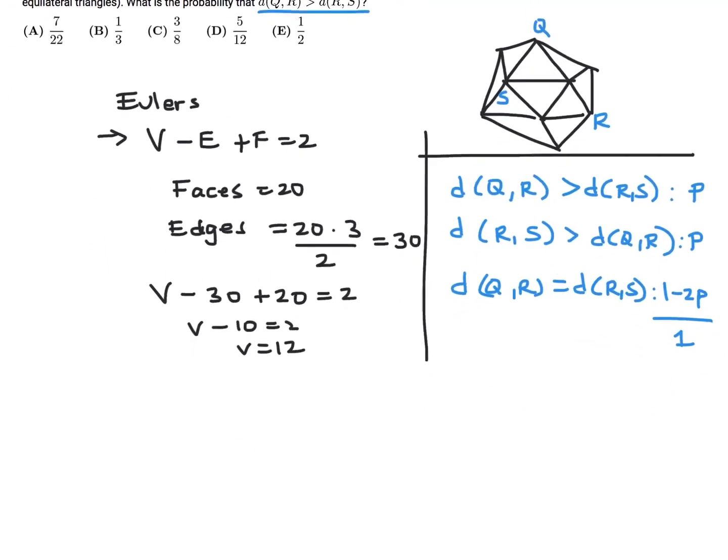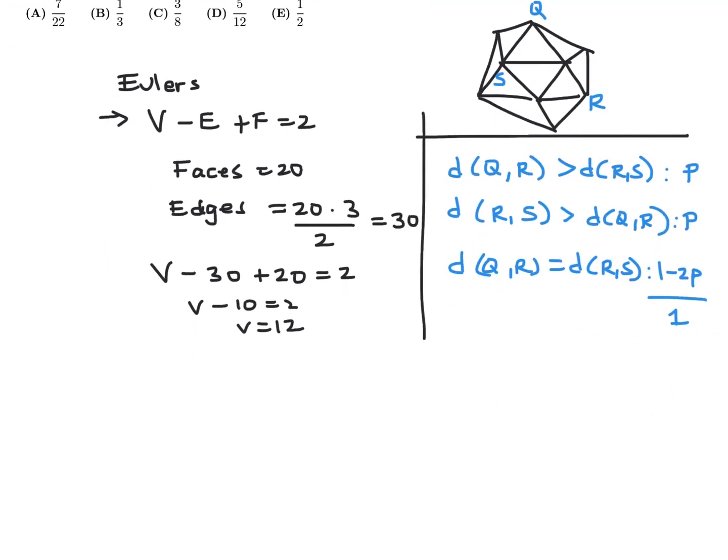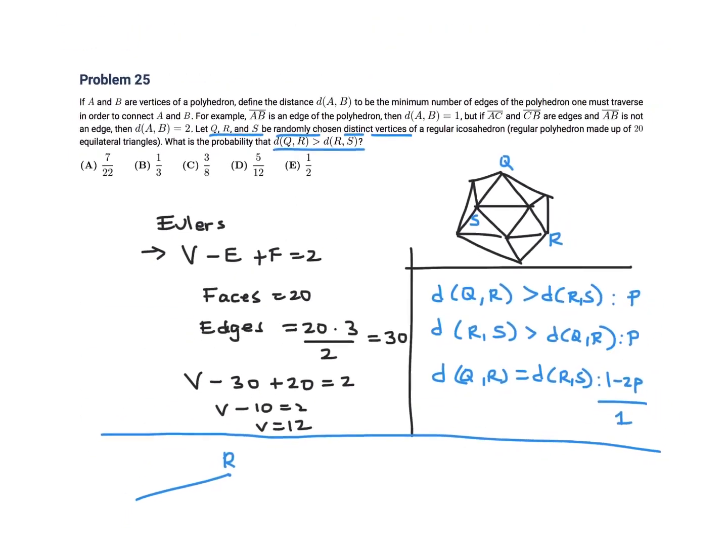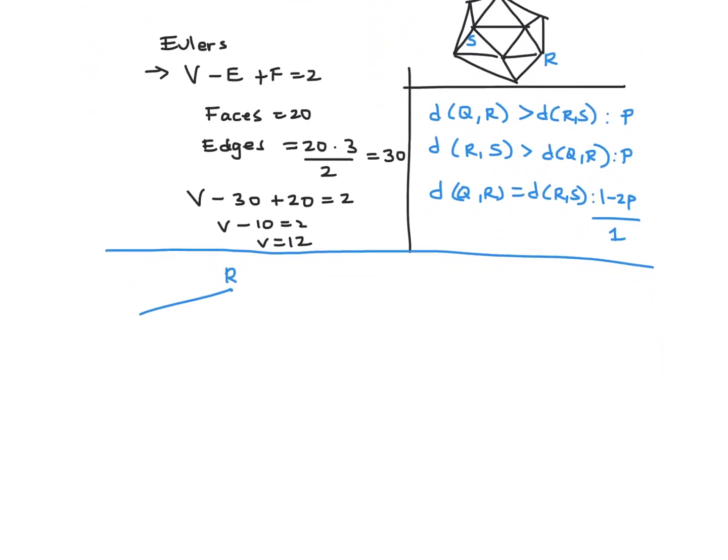Okay, so now let's try to see how we can draw this to make it have some sort of sense. So let's say R is at the top, and then there's going to be, how many are there? 12. There are 12 vertices, right? 1, 2, 3, 4, 5, 6.